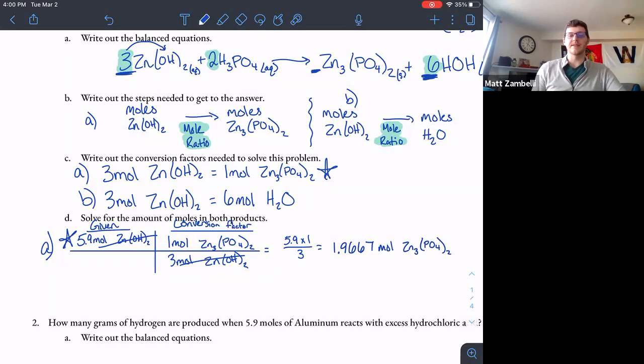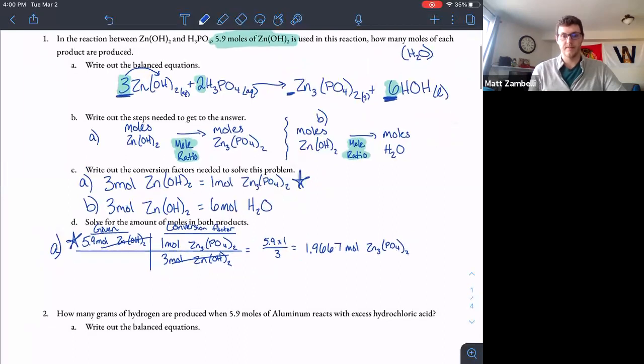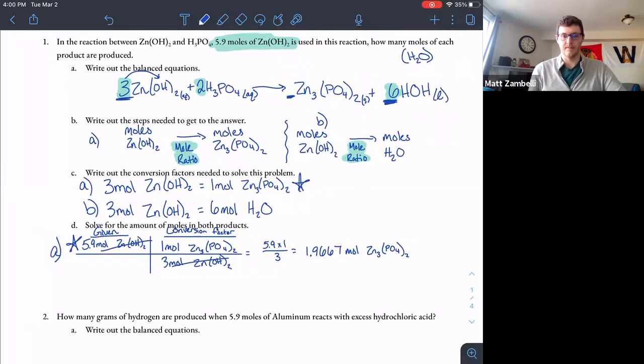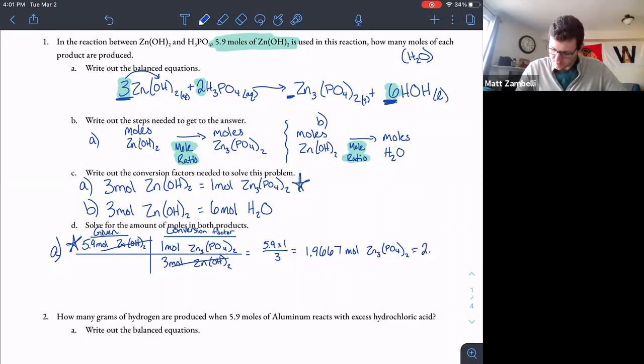And if we make sure we're in sig figs, how many sig figs do we have to use for this problem? Two, which means we're going to round this number to 2.0 moles of zinc phosphate.